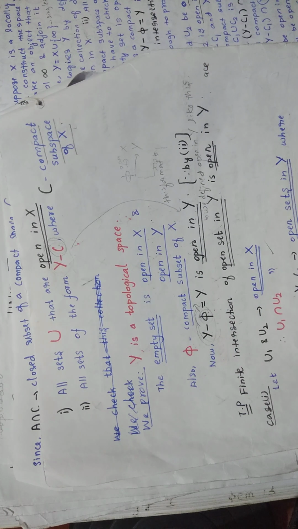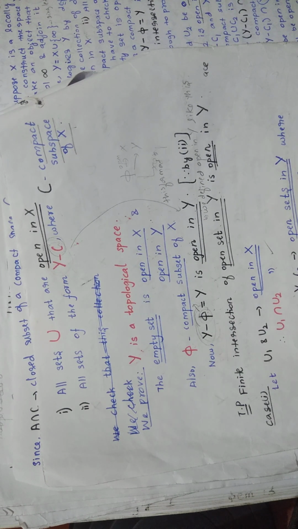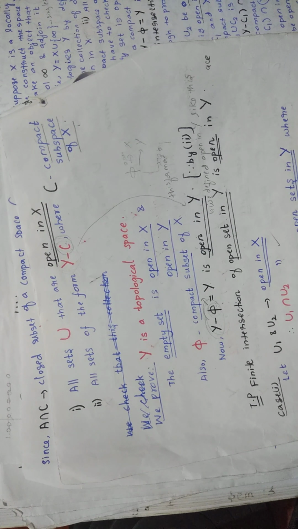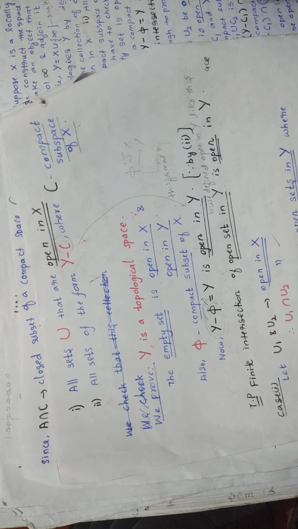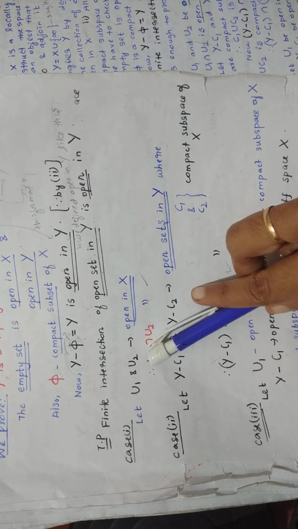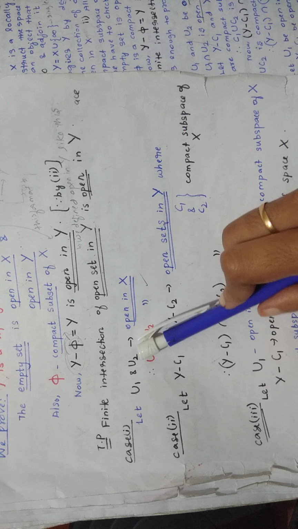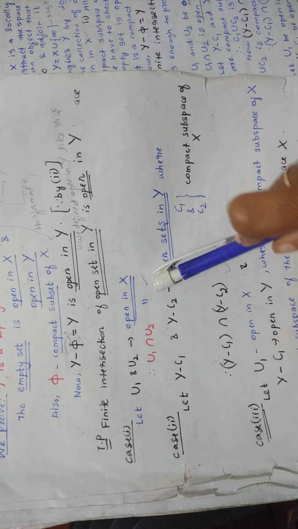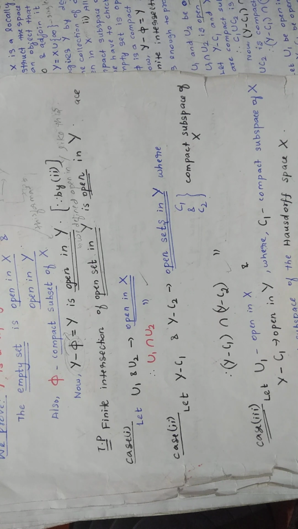Here you have defined the sets U to be open in X. So from here you are taking U1 and U2. U open in X means U1 and U2 will also be open in X. So that is what you are writing: let U1 and U2 be open in X. So when you find the intersection of U1 and U2, that will also be open in X. Am I right? Is there any difficulty? No, right?